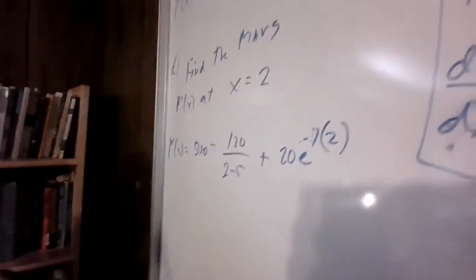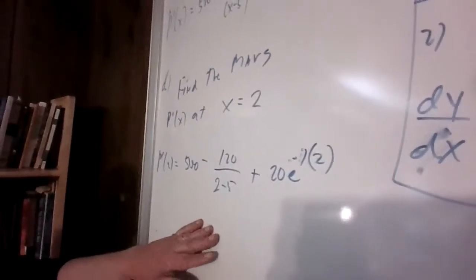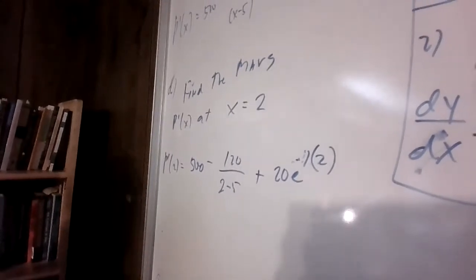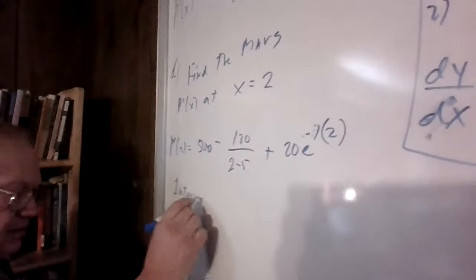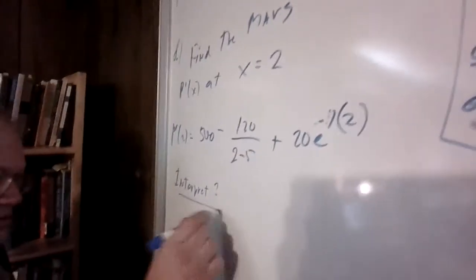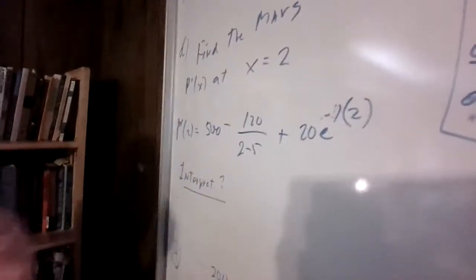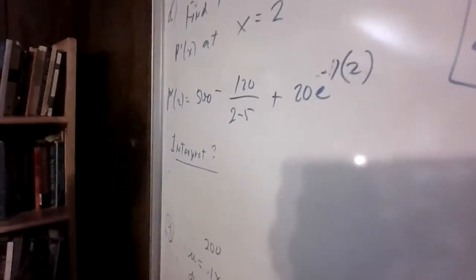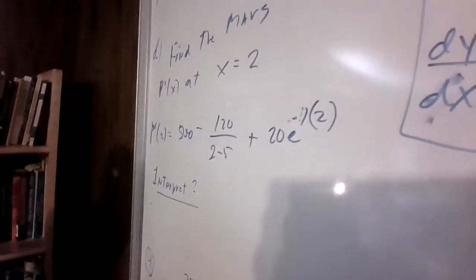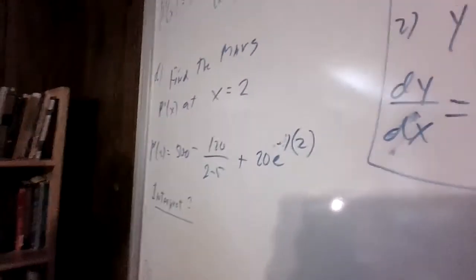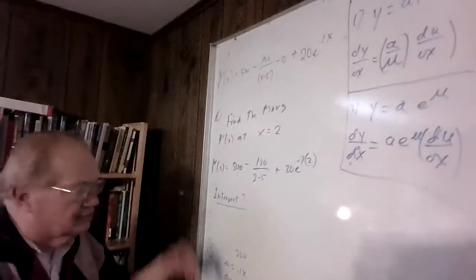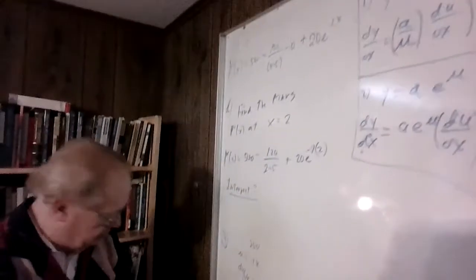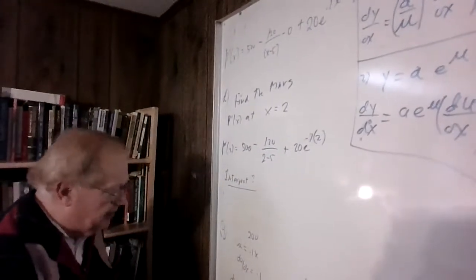Once you found that, I'm not going to finish it up. Then I want to ask you how to interpret this. Okay, interpret that. That's pretty easy. What does the marginal revenue, a marginal profit mean?